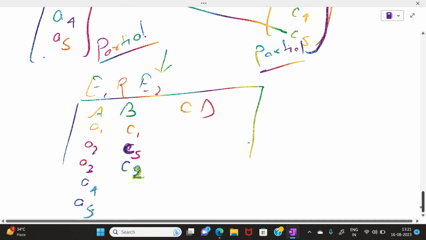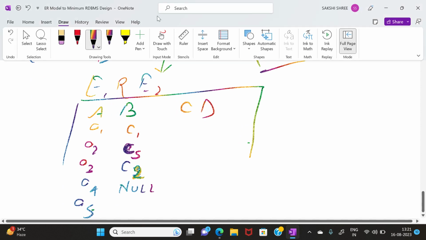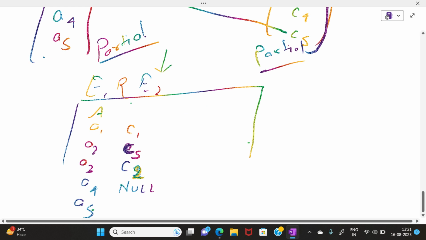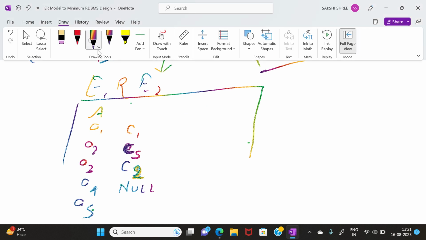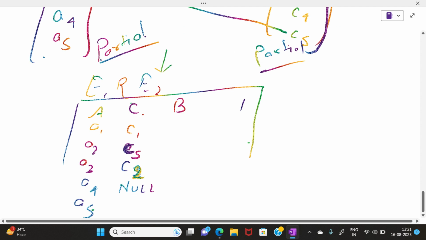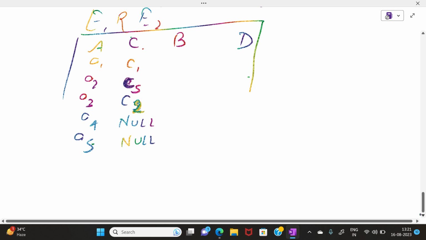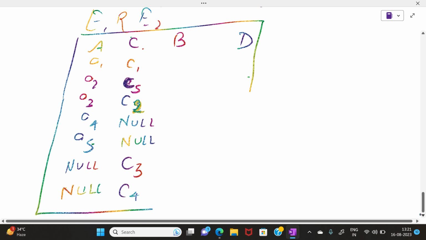And then for A4 we have a null. Sorry, it should actually be C, B and D. For this we have null, and we have two values of C left, that is C3 and C4, and here we have a null. And then we have values of B, and similarly we have values of D.